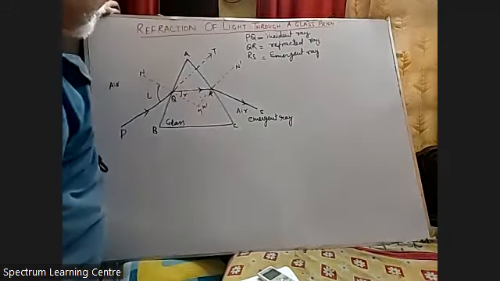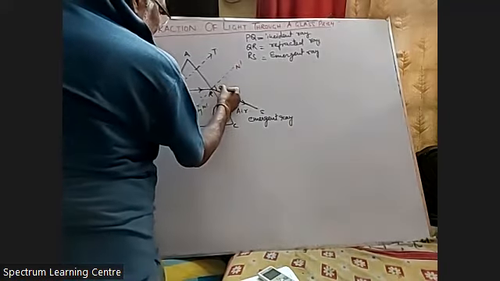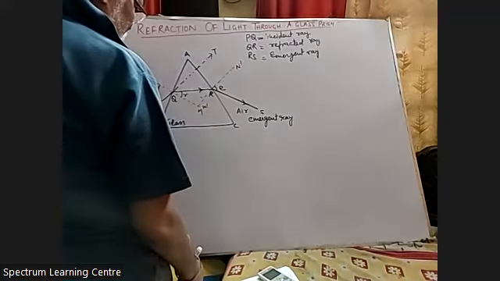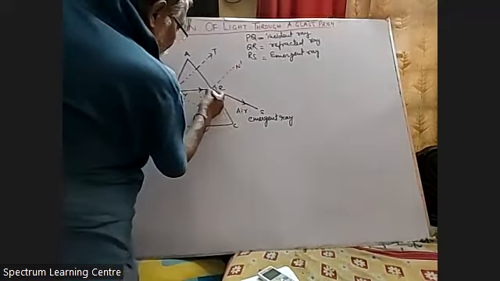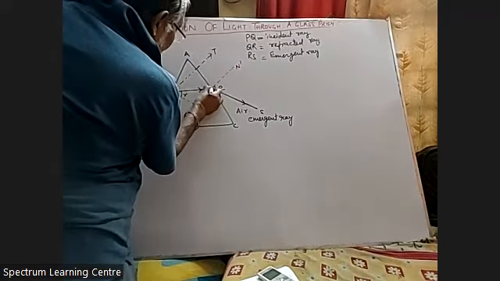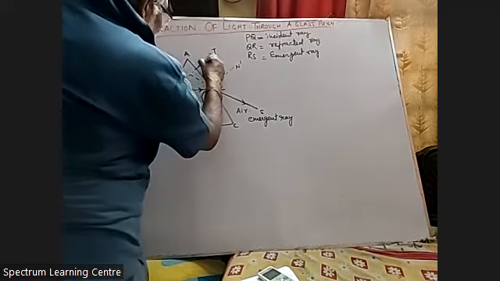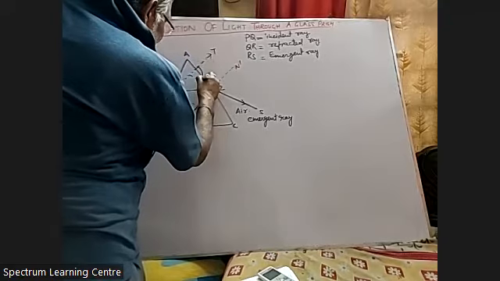And this is known as the angle of emergence. Now, if I produce the final path backward, can you see this much angle?